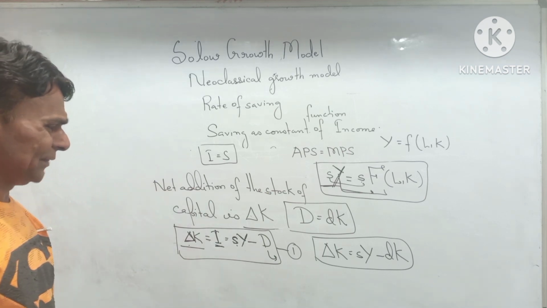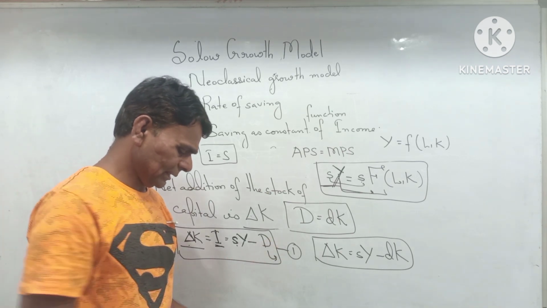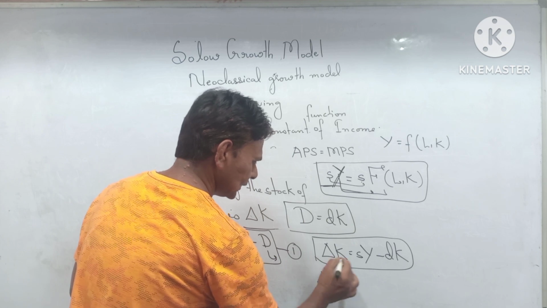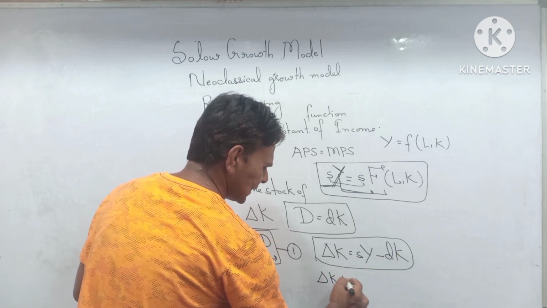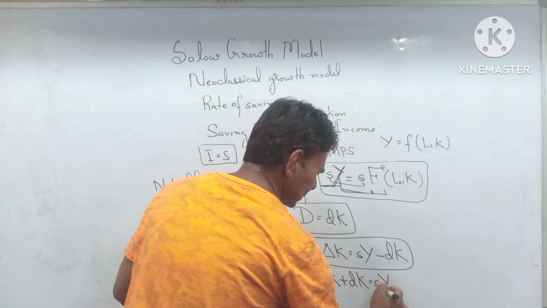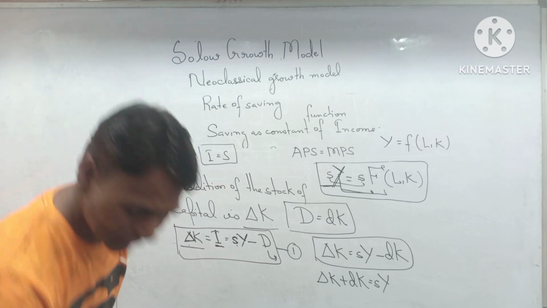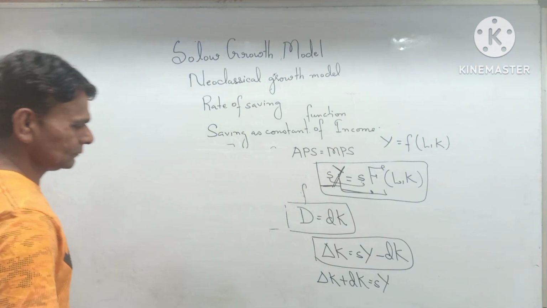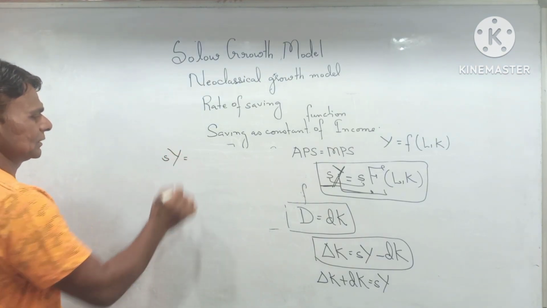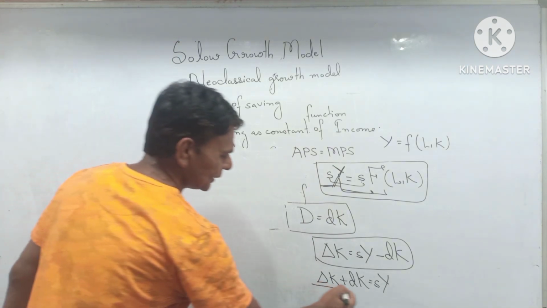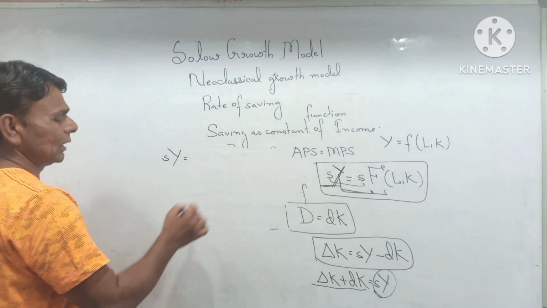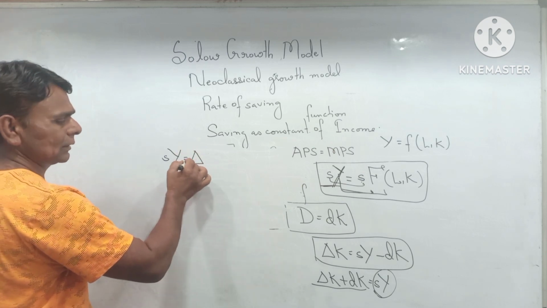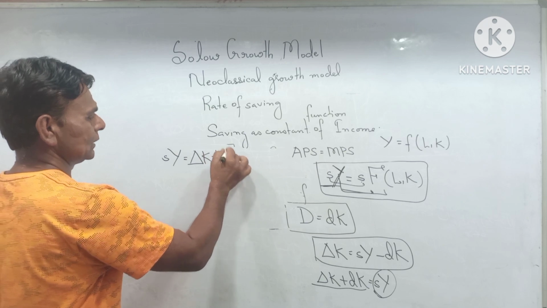A little modification is required here. Shifting minus dK to the LHS, it becomes positive: SY equals delta K plus dK.